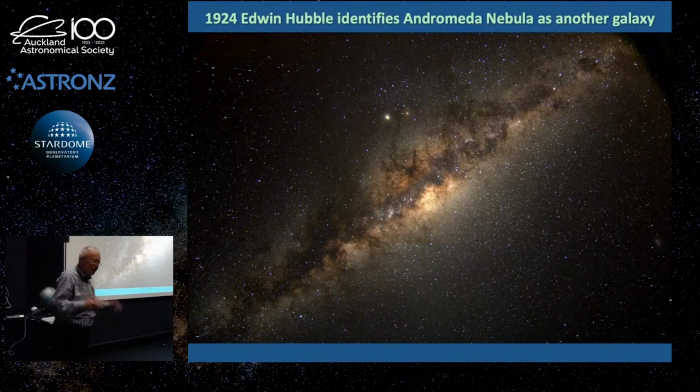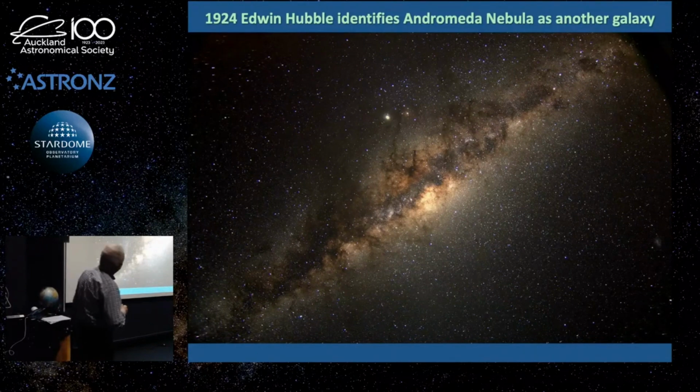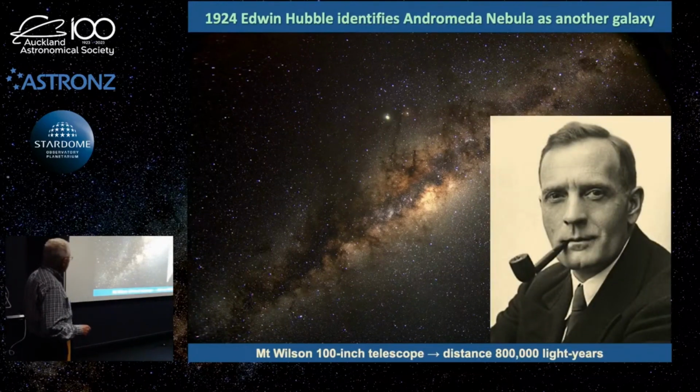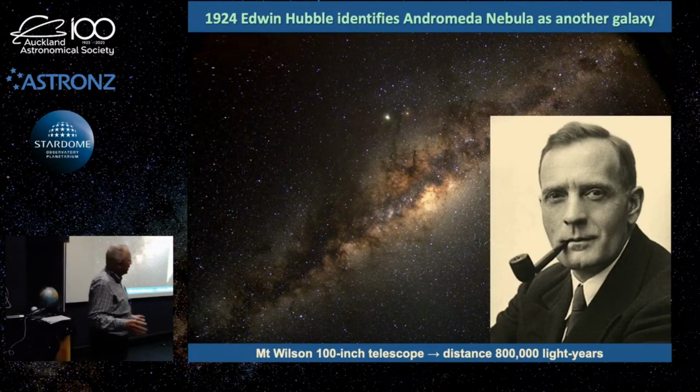And it was Edwin Hubble, yes, of Hubble Space Telescope fame. It's been named after him. In 1924, he used the Mount Wilson 100-inch telescope in California, which was by far the largest telescope of its time. So 100 inches, that's about 2.5 metres.